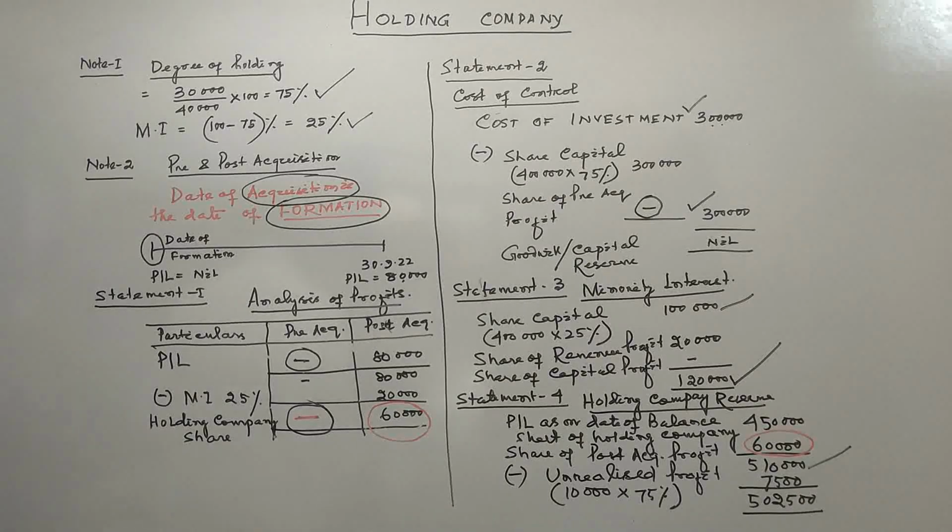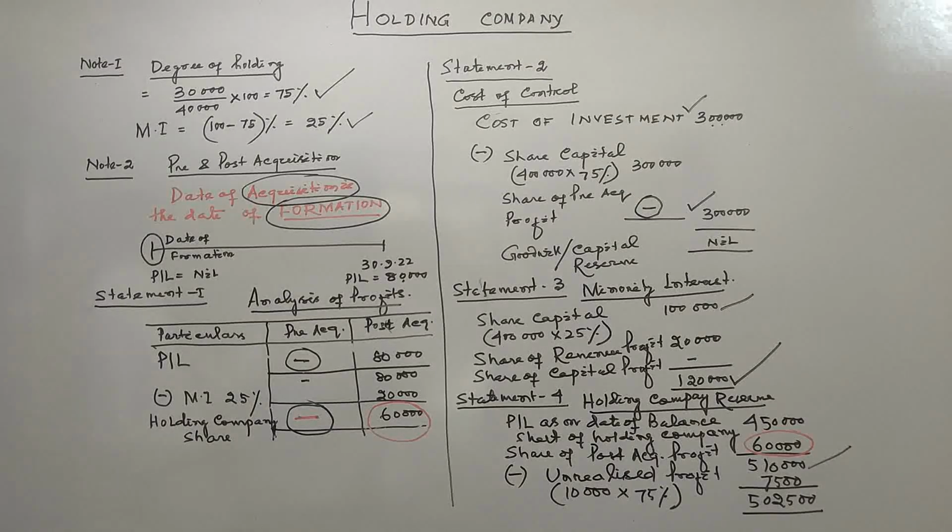How to find out the unrealized profit? If you go through adjustment number D, the stock of B Limited includes 50,000 in respect of goods invoiced by A Limited at cost plus 25%.